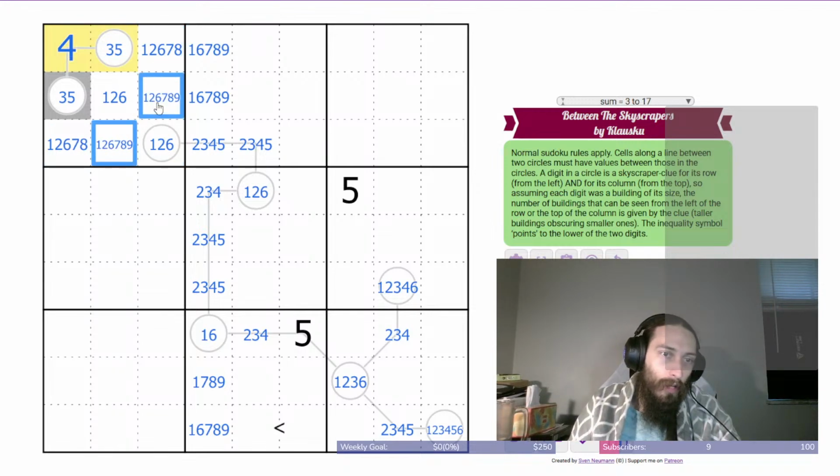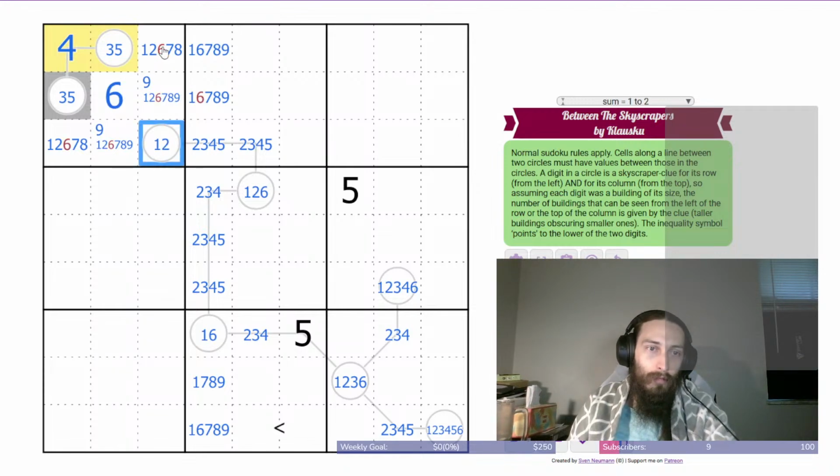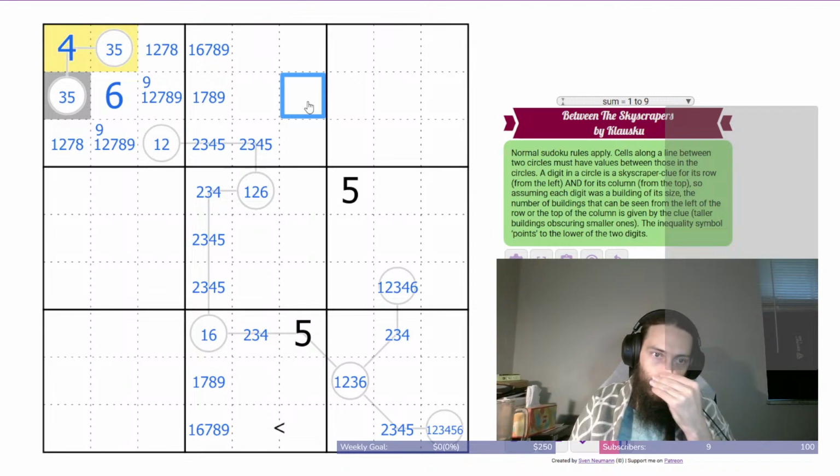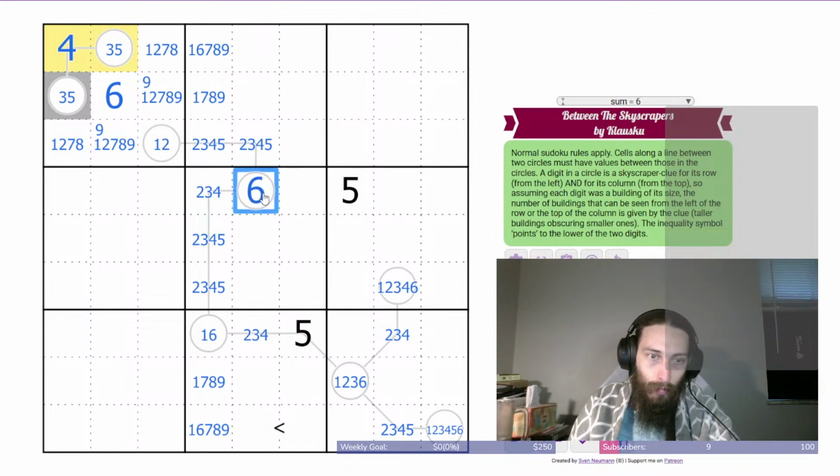But one of these is going to have to be the 9. Yeah. And from the 5 direction, it can't be. Right. And from the 3 direction, it has to be. So that center digit has to be a 6. So this one has to be 6.